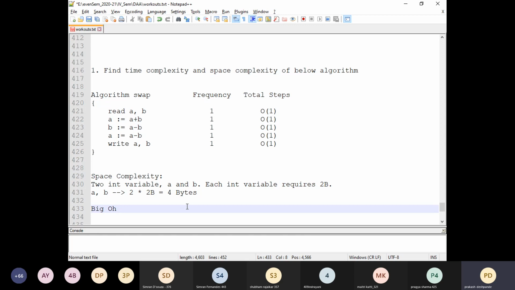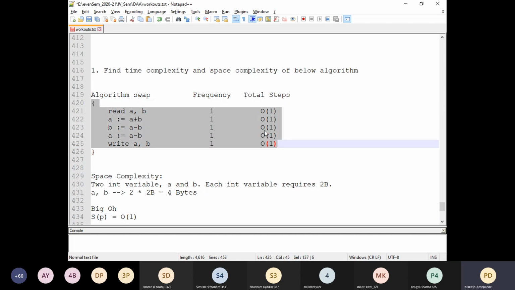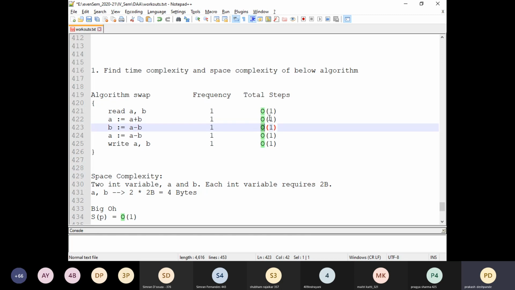So overall, we will consider the big O notation of this particular algorithm, let me call it swapping of variables. I can write T of P is going to be big O of only 1, because among these steps, all the values are only 1.